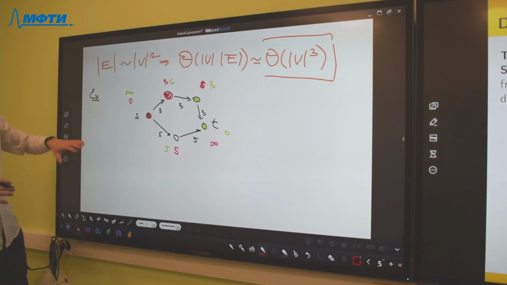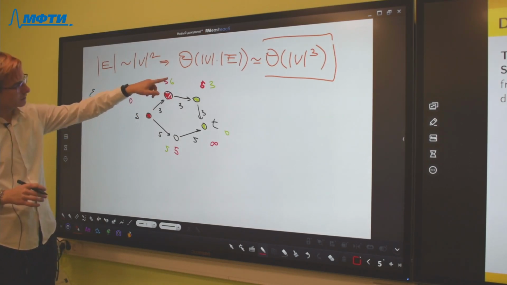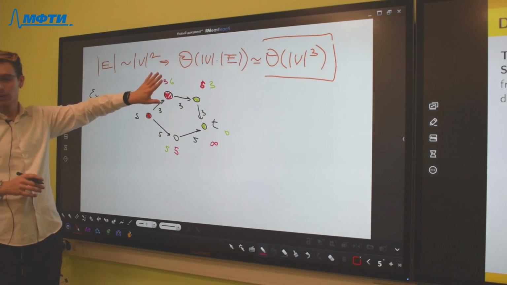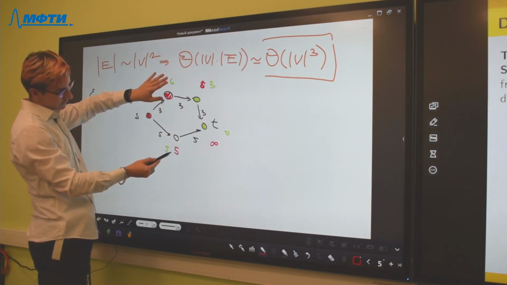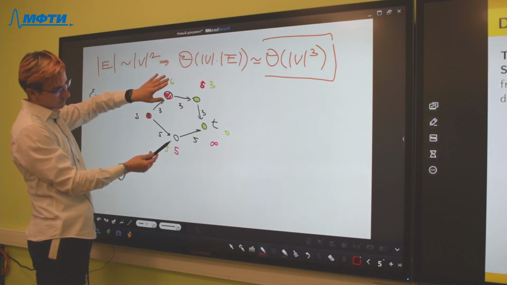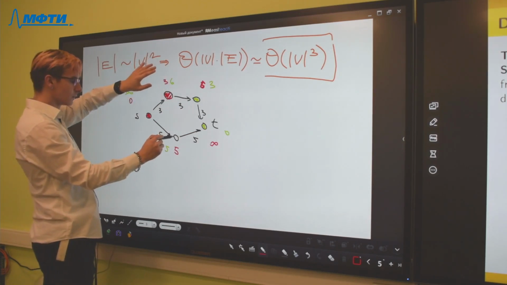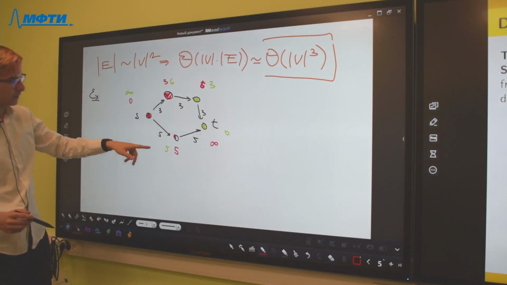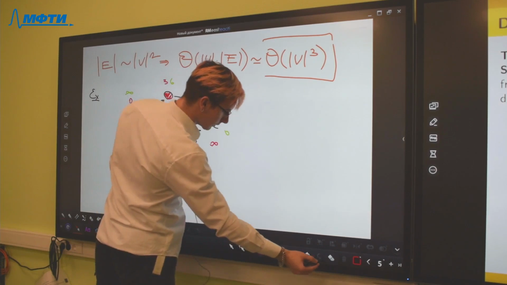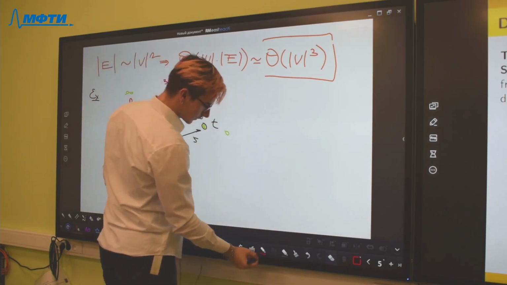Then we see we extracted these 2 vertices, and this vertex has the minimal number, and we extract it and set this number.